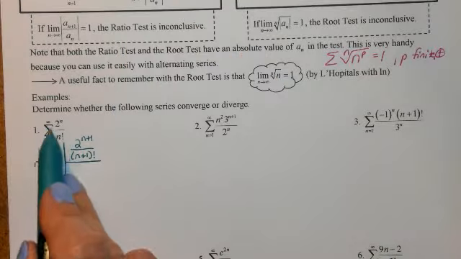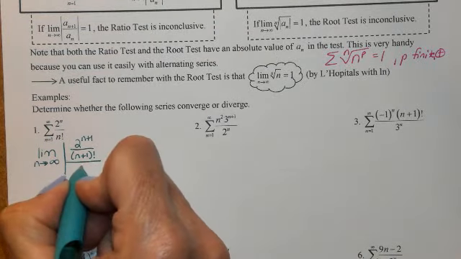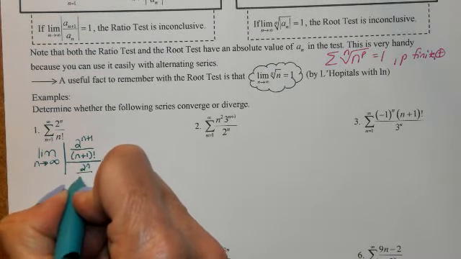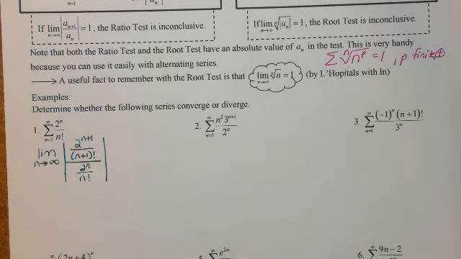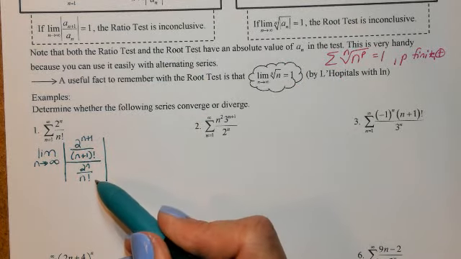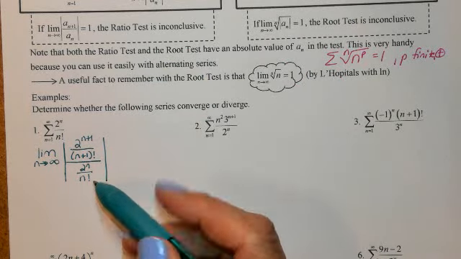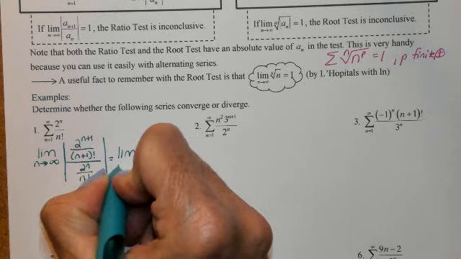So just write this down. 2 to the n divided by n factorial. The n plus 1 term divided by the nth term. Okay, this is equal to the limit as n goes to infinity.